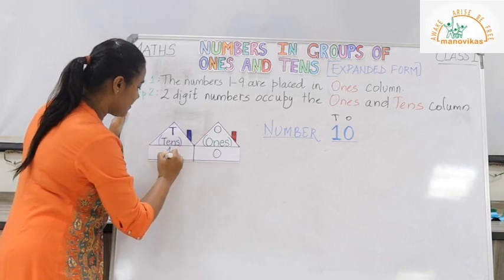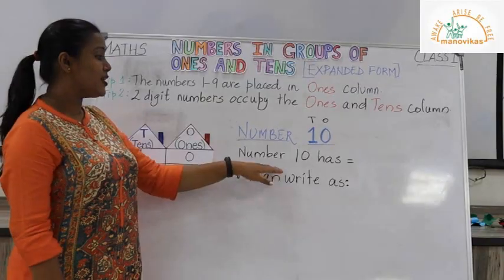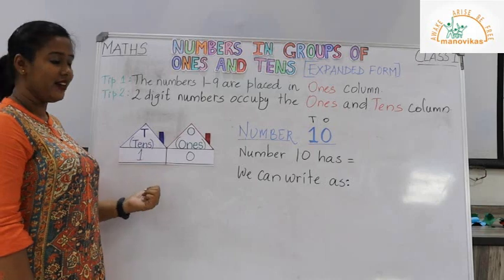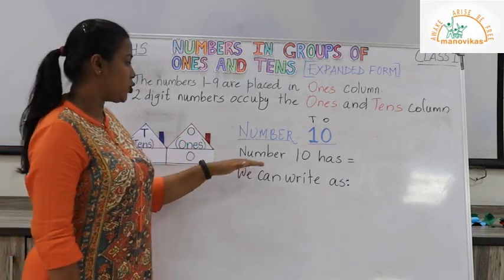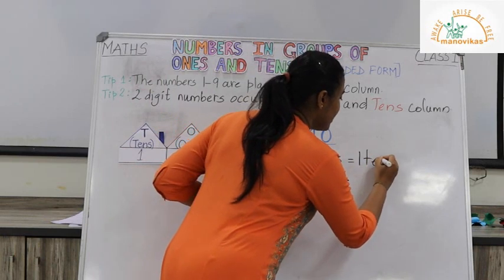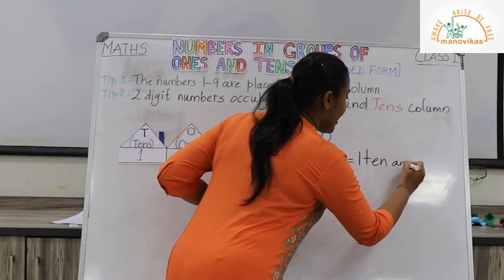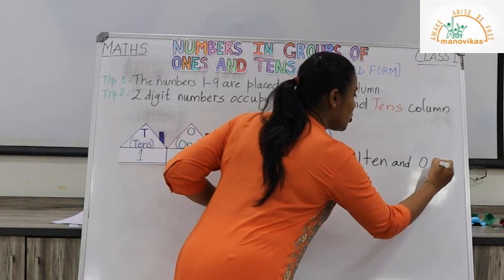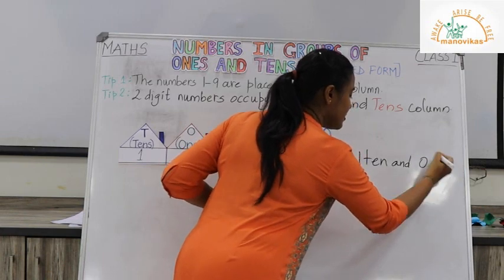So let us write 1 here. So number 10 has 1 ten and 0 ones.